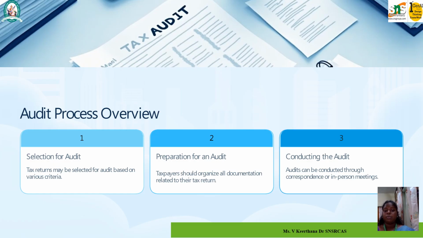Second is preparation for an audit, where taxpayers should organize all original documents related to their tax return. Conducting the audit will be through correspondence or in-person meetings, where they will ask questions or raise doubts. We have to respond and clear their doubts and questions.